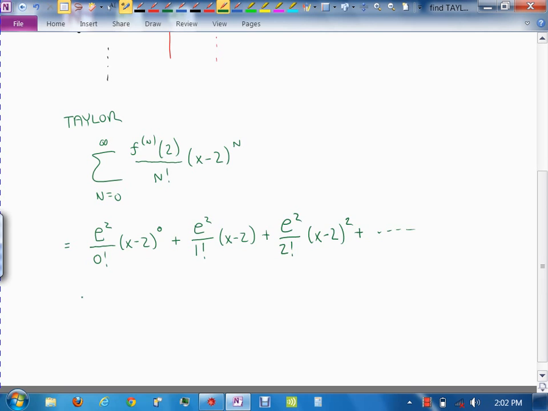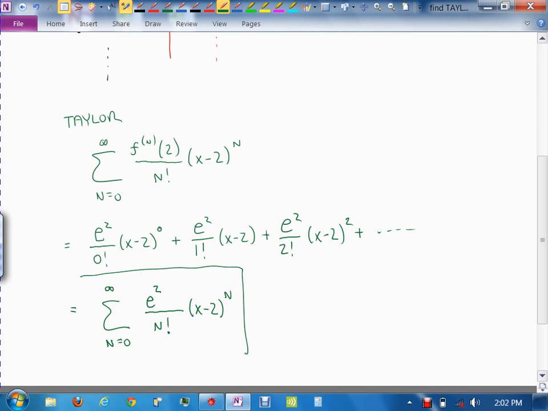Can we come up with sigma notation for this? N equals 0 to infinity. What are all the denominators? Just n factorial again. What about the numerators? They're all e squareds, aren't they? So e squared. And then not x to the n, x minus 2 to the n. So you can put it out here at the side or on the top, wherever you want.